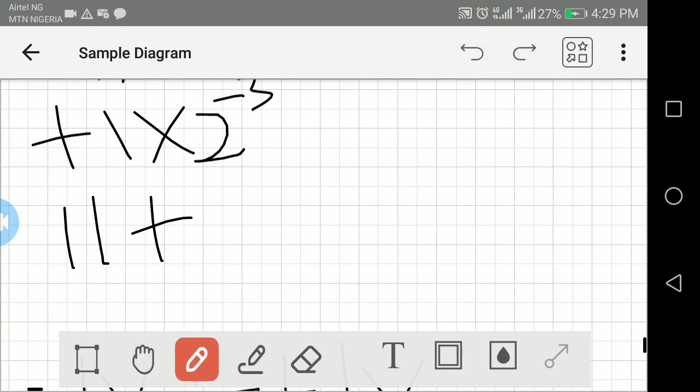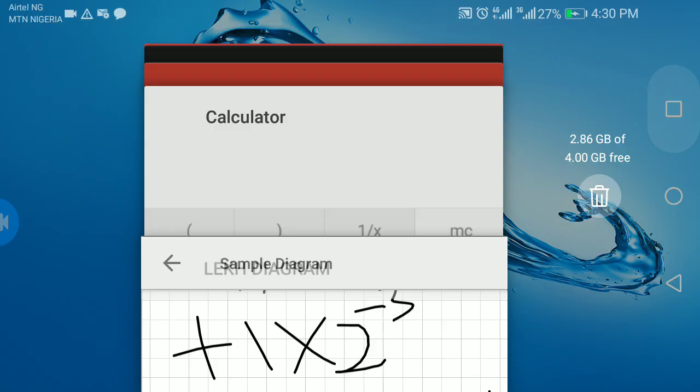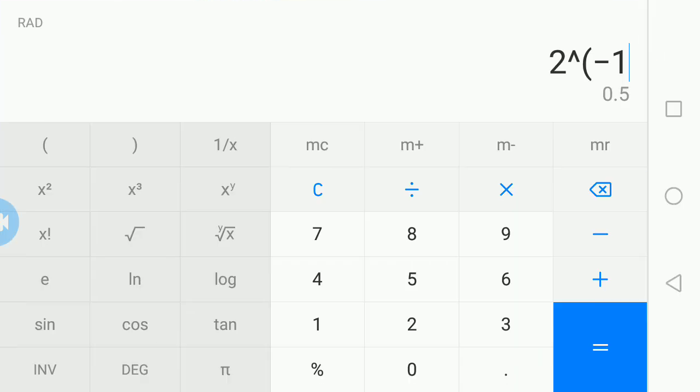I'll have 0.5 plus. I'll come to my calculator again. So I have 1 times 2 to the power of -2. Sorry, this is my raised-to-power key. 2 raised to power of -2.